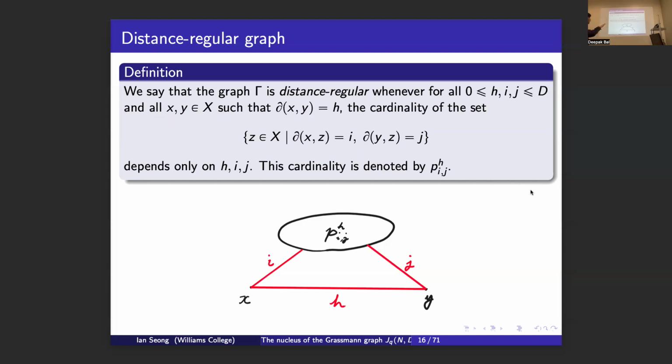So distance regularity is basically giving us some sort of symmetry of a graph. Some nice graphs that have this property would be, for example, a cube or any hypercube. And as we will see in a bit, the Johnson graph and the Grassmann graph are also distance regular. So if it's hard to get your head around what it means to be distance regular, just think of it as a very nice symmetric graph.